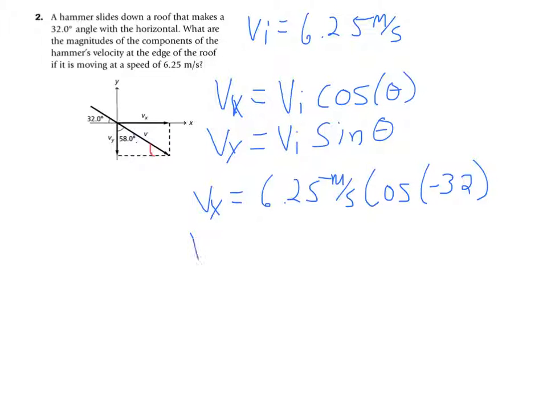But you can't use regular 32 because that will get you the incorrect way. It's based on how the direction is pointing. It might be easier to just use a 58, but again, it does not matter which one you go with.